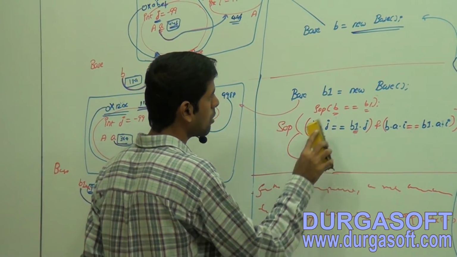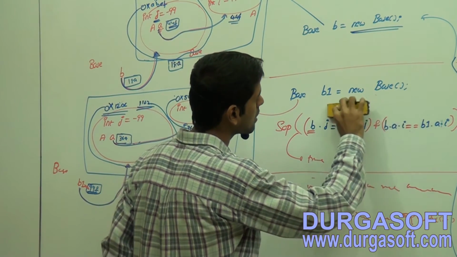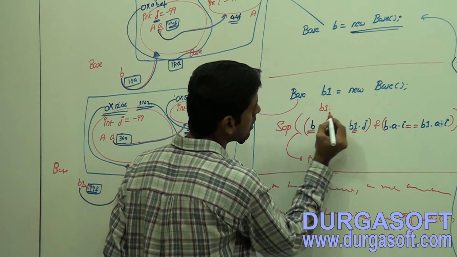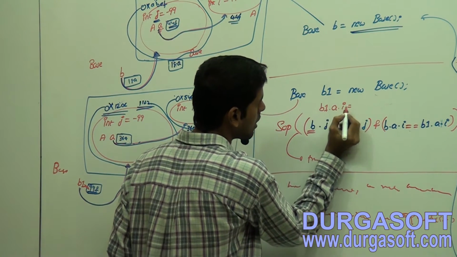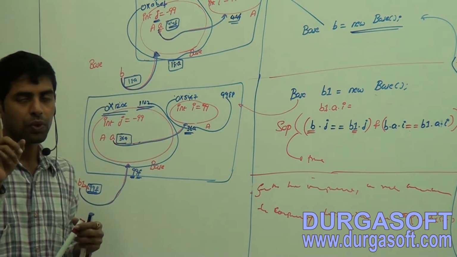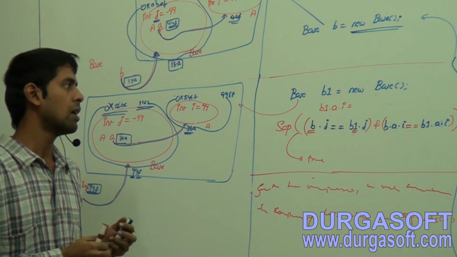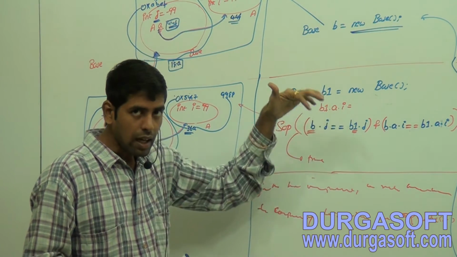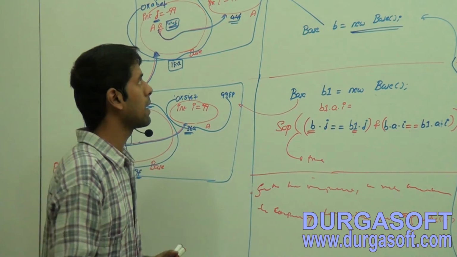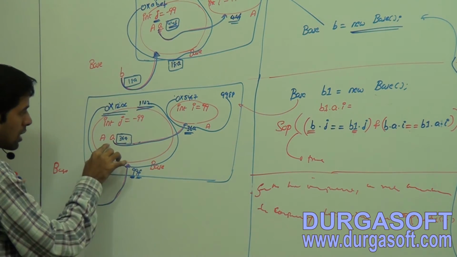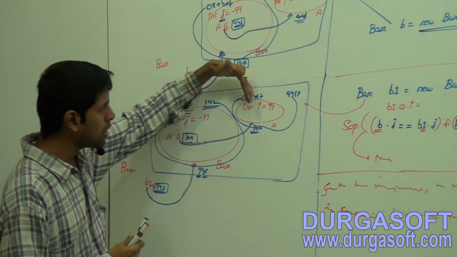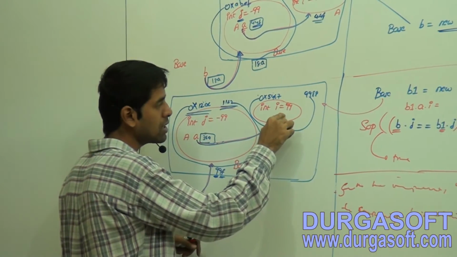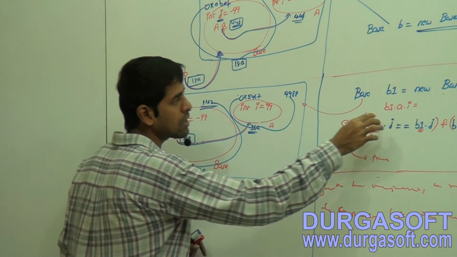Now before this statement, let me put one small thing, b1.a.i. Observe here, you have different meanings. Where am I? b1.a.i, I am at this value. Now I am asking someone to assign a value to this location. Which side is it at?